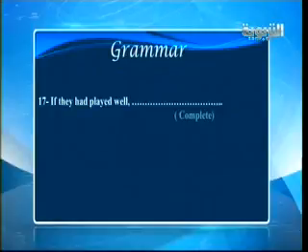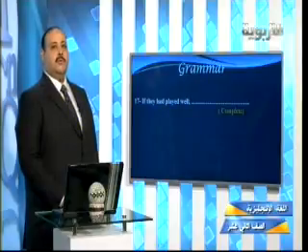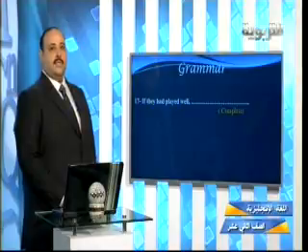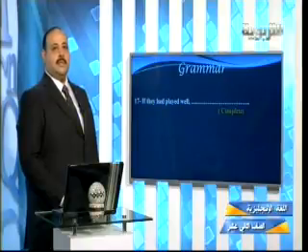Move to number 17. If they had played well. Now this is a very easy question, and the rules are very clear about it. We're going to complete it. But the main rule here is about the word if. As you know, if is an adverb and it is followed by two sentences. If you know sentence number 1, then you can guess sentence number 2.